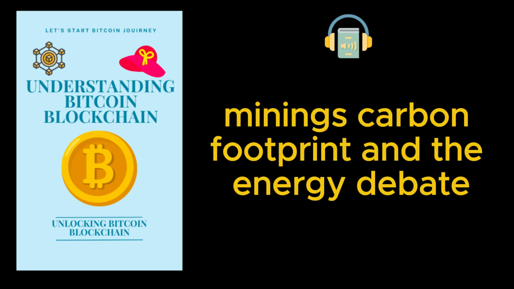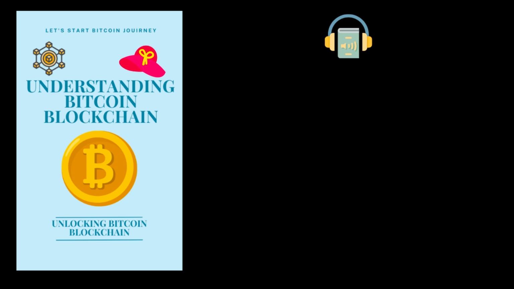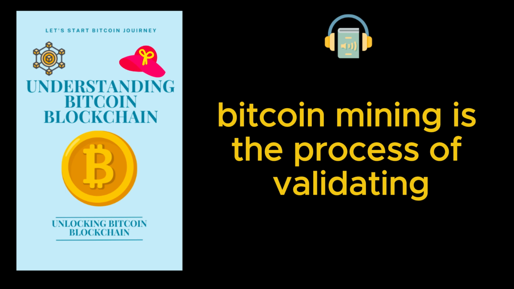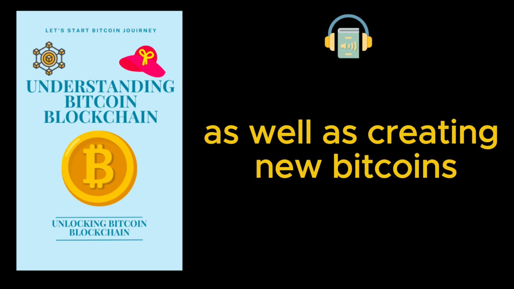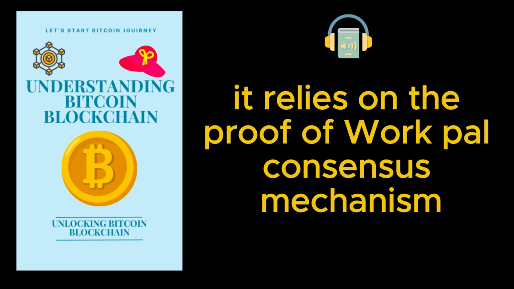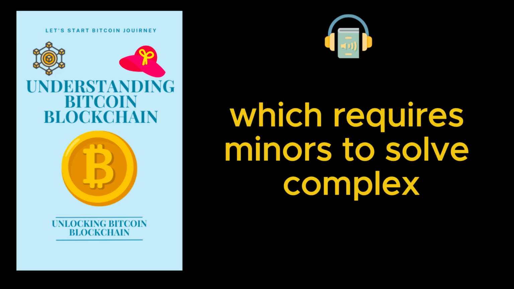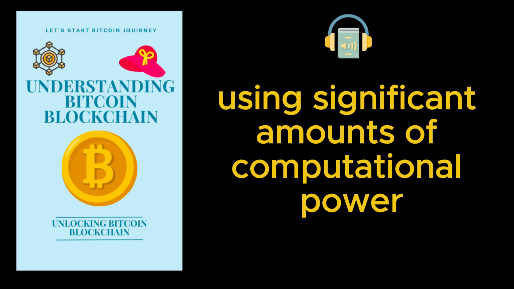Mining's carbon footprint and the energy debate. Bitcoin mining is the process of validating and securing transactions on the blockchain, as well as creating new Bitcoins. It relies on the proof of work, POW, consensus mechanism, which requires miners to solve complex cryptographic puzzles using significant amounts of computational power.